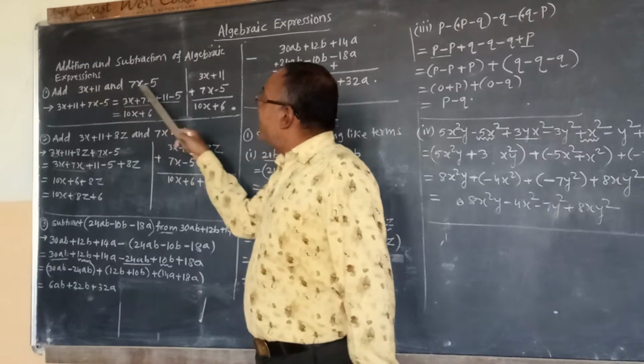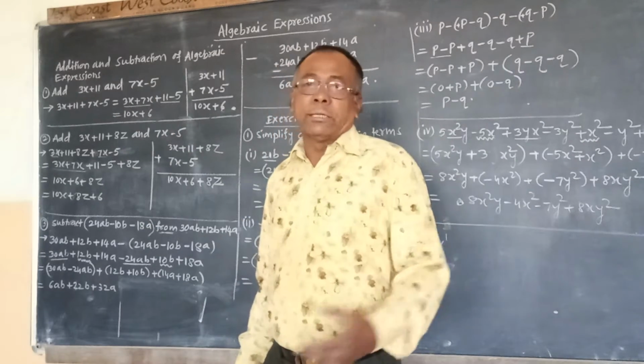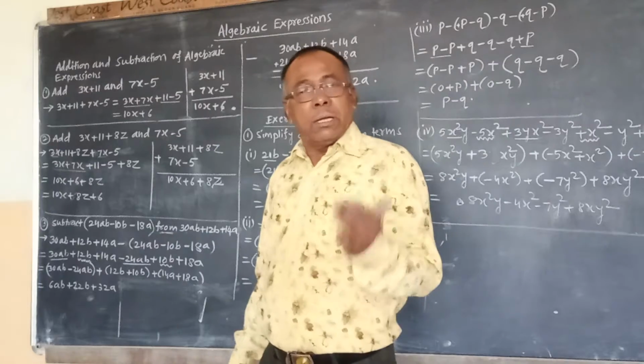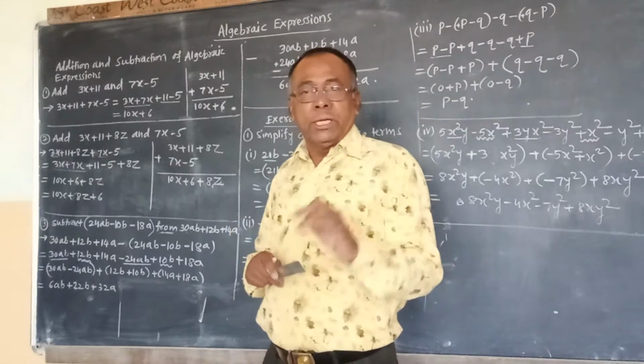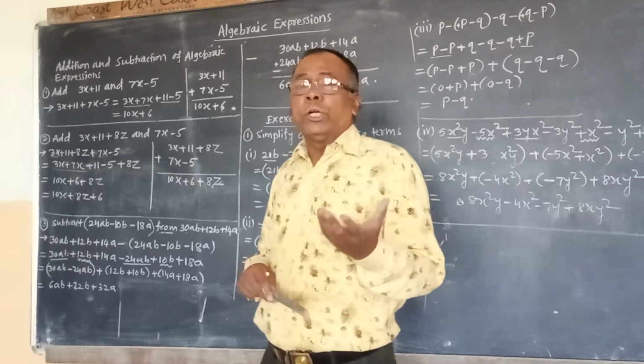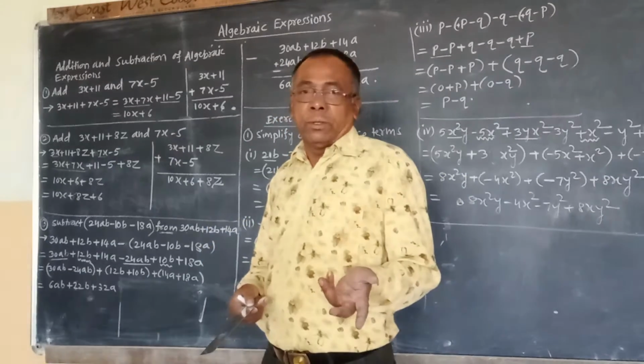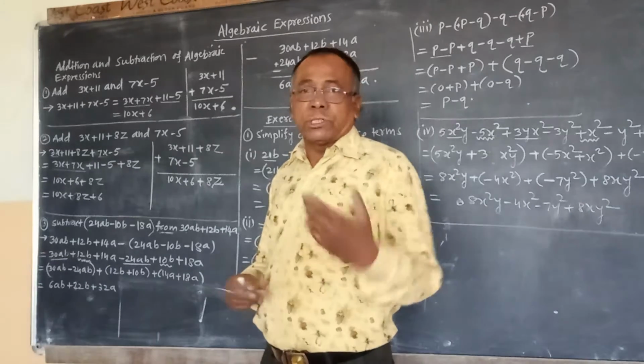Similarly, plus 11 and minus 5 are also like terms. So we have to collect like terms together in a bracket, and according to their like signs or unlike signs, we are going to add or subtract them.